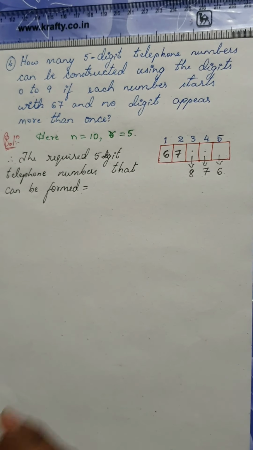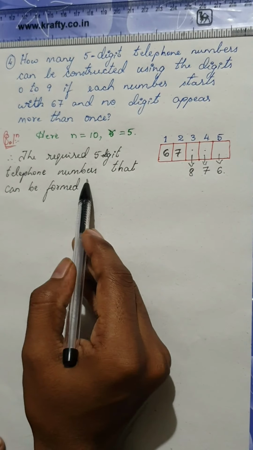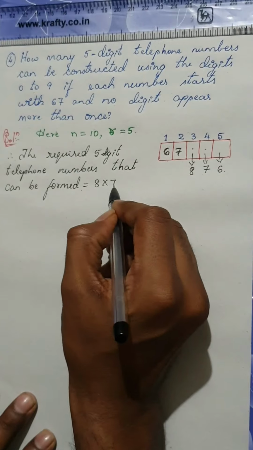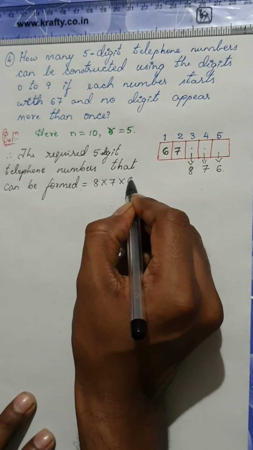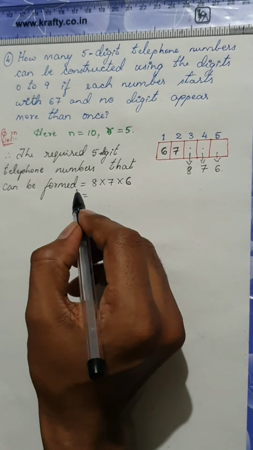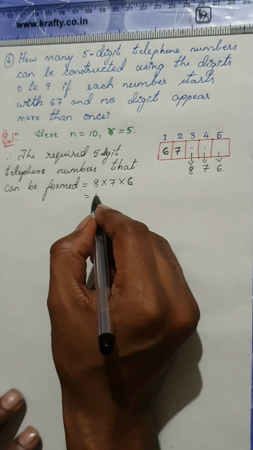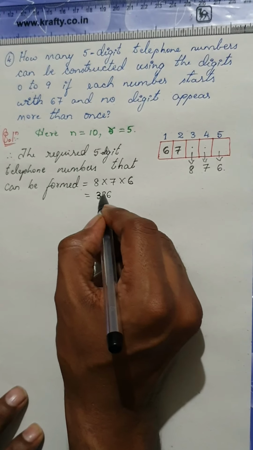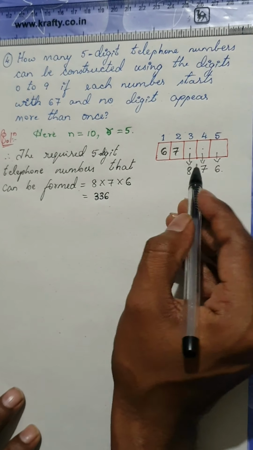Therefore the required 5-digit telephone numbers that can be formed is 8 into 7 into 6. Calculate this, so this will be 336 numbers.